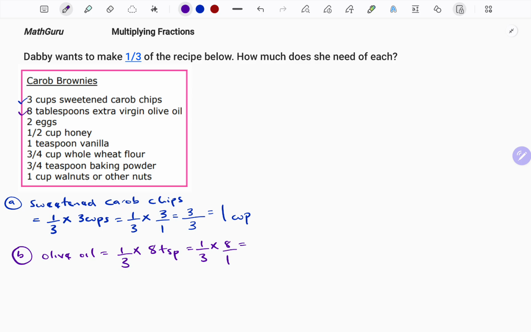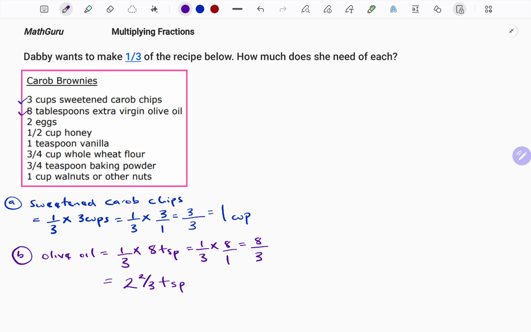If I multiply all the numerators, that's 8 times 1, 8, and all the denominators, 3 times 1, 3. To change that into a mixed number, 3 into 8, 2 whole number, remainder 2, so 2 and 2 over 3. Don't forget teaspoons, so I'm going to use TSP.